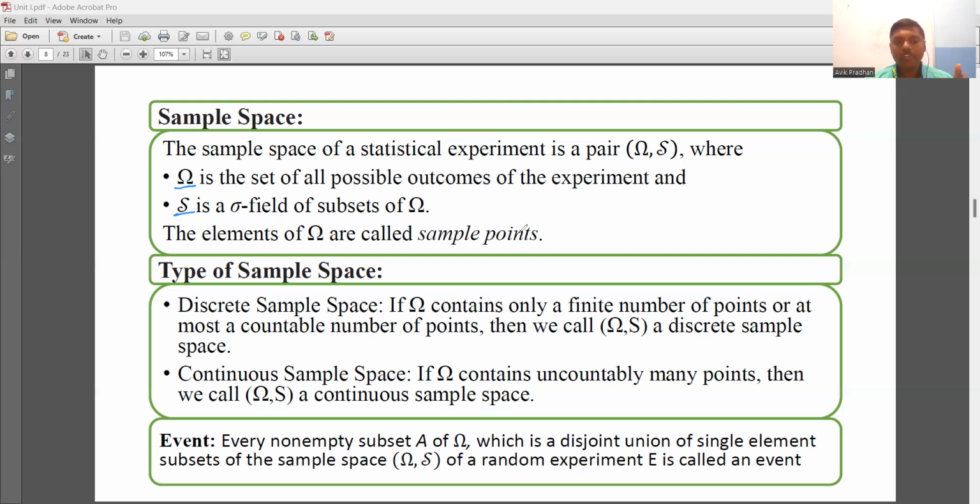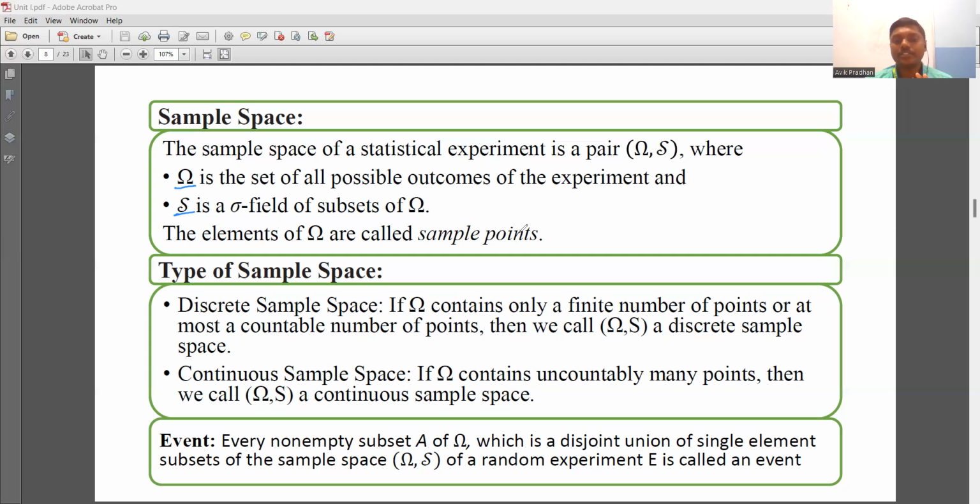Now, we have already seen 4 examples in the last lecture. Among those 4 examples, in the first 3 examples, the set of possible outcomes is a countable set. Okay.